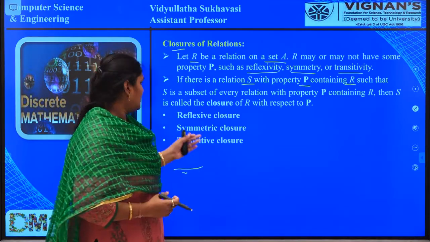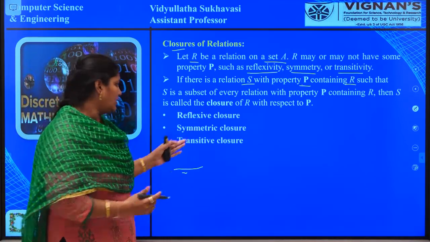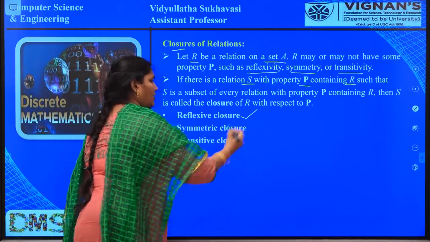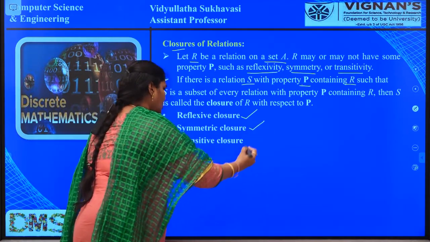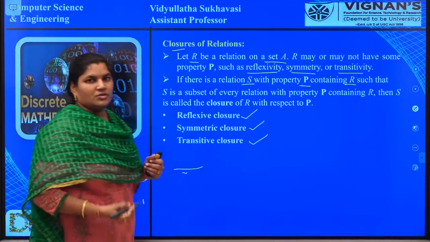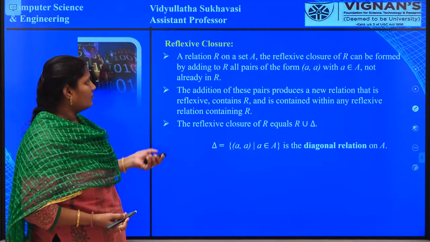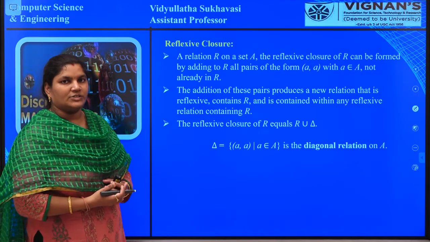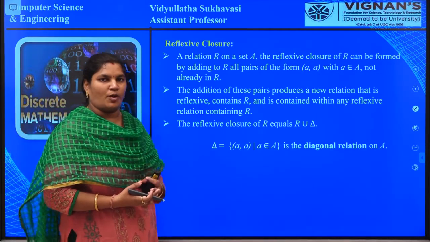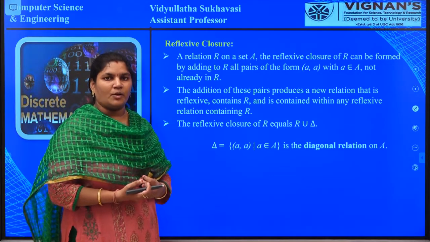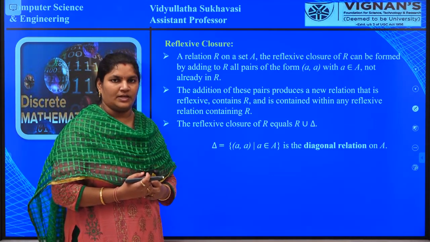In checking the closures of relations, we have three closures: reflexive closure, symmetric closure and transitive closure. First we will see reflexive closure. In reflexive closure, what we need to check is the same as the reflexive property itself. What is the condition we check in the reflexive property?